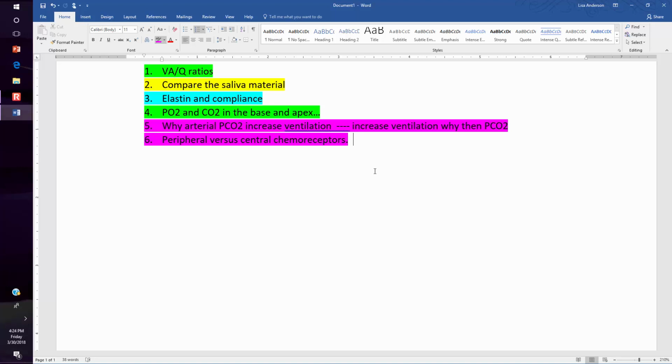So if my metabolism stays the same and I increase my minute ventilation, I'm going to get rid of CO2 faster than I'm making it, and my PCO2 will go down.